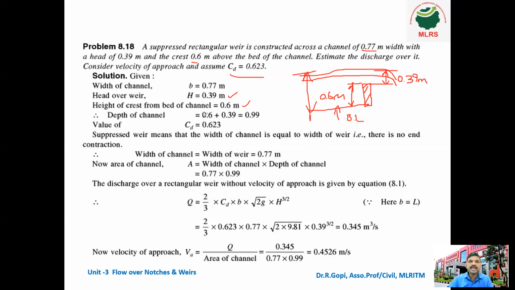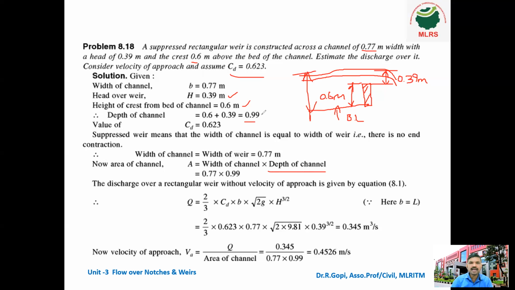For calculating the area of the channel. So in the previous case, size of the channel is given, but here size of the channel is not given. So they indirectly gave the size. That means from bed level to crest, and this crest to head of the water. So we have to add both these two values to find the overall depth. Okay, that is your depth of the channel.